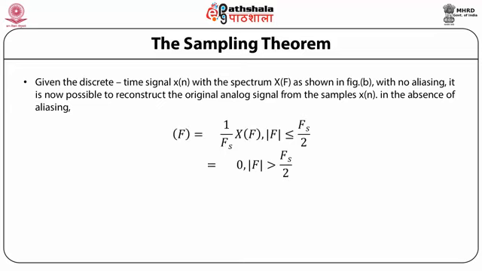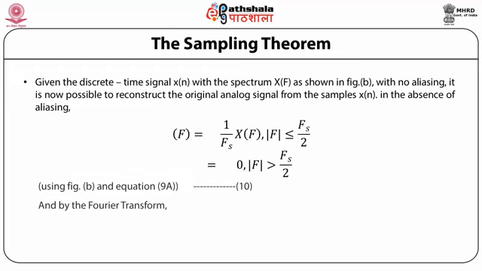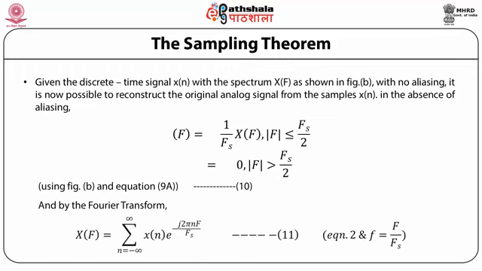That is, Xa(F) equals 1 by fs X(F), where modulus of capital F is less than fs by 2, and it is equal to 0 where modulus of F is greater than fs by 2. By the Fourier transform, we have X(F) equal to the summation from n equal to minus infinity to infinity of x(n) exponential minus j2 pi nF by fs, where small f is F by fs.